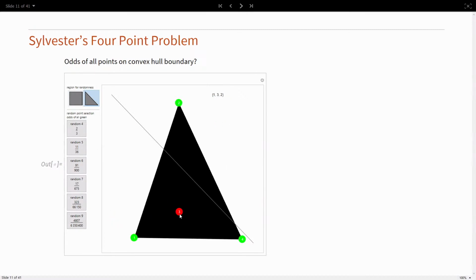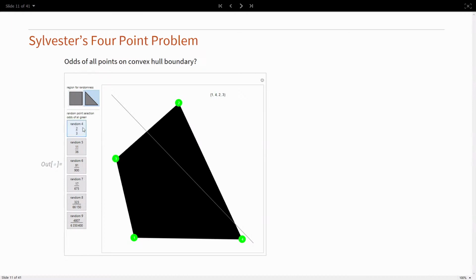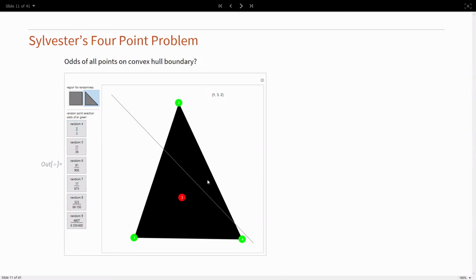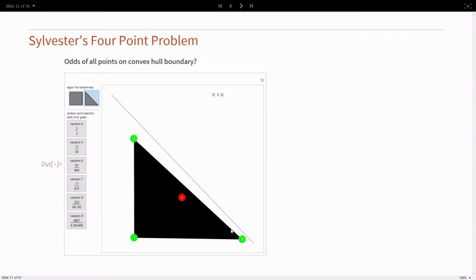So I'll need to go into this code and debug why that didn't change color there. But the chance that 4 random points will be on a convex hull, that 1 point won't be inside the other, is 2/3 if you pick all the points to be within this bottom triangle.